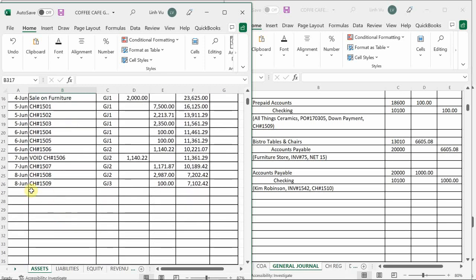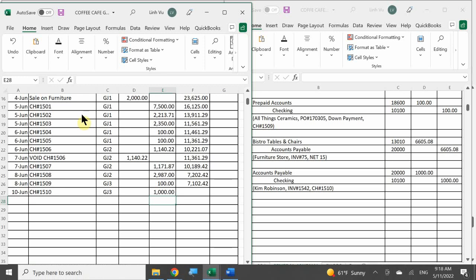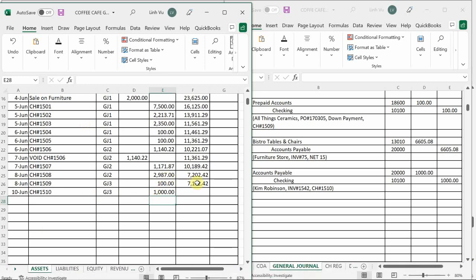So I need to reduce the amount in my checking by $1,000. So now I had $7,102. Now I'm down to $6,102. So I'm getting low on money.